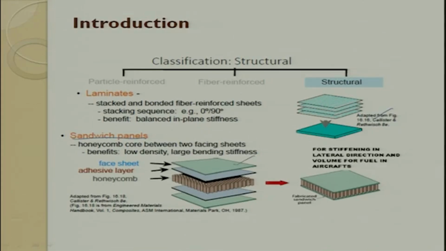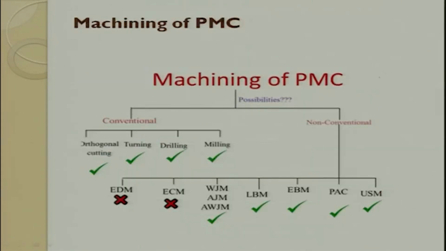You have a face sheet on the top, a core of a lighter material which gives thickness, and between the skin and the core you might have an adhesion layer, stitched by some adhesion epoxy or whatever adhesion resin you use. This is called a fabricated sandwich composite. These are structural composites. So, these are the different types: particulate reinforcement, fiber reinforcement, and structural reinforcement.